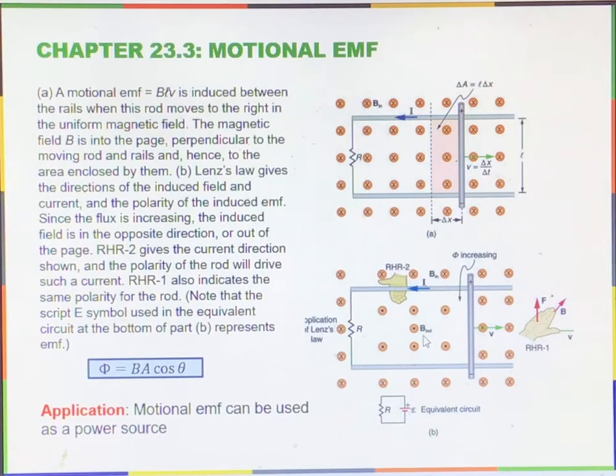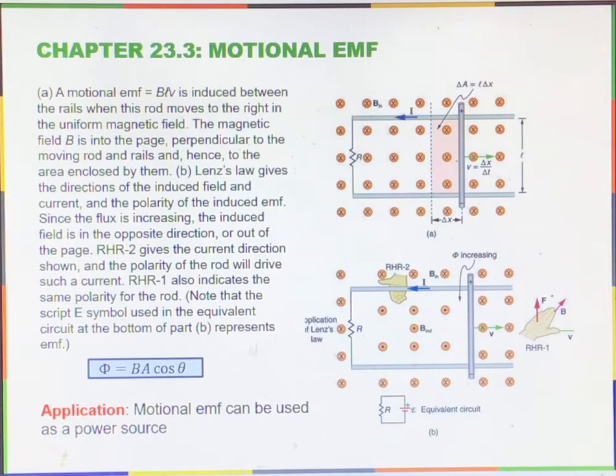Using the second right hand rule, if I know the direction of the current, I can use my fingers to get the direction of the magnetic field. So the induced magnetic field has to point in such a way that it is opposite to the magnetic field that is causing the current. This is called Lenz's law.